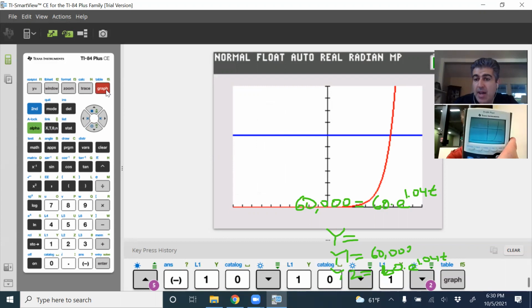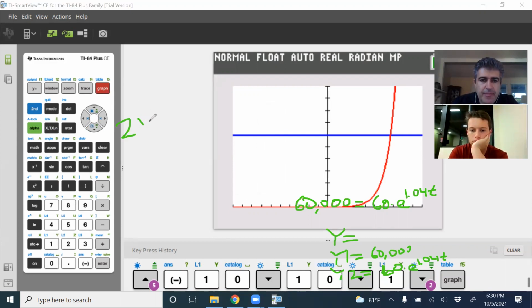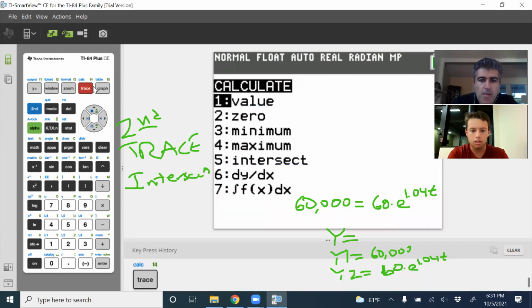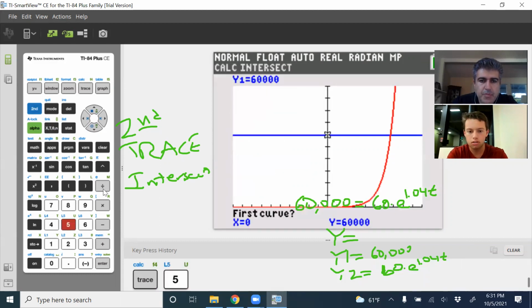Now you have to know where they touch. To figure out where they touch, you hit second, trace. You can see why Desmos is so much easier, but we have to go through the brute force here. Second, trace, intersect. It's right next to graph. And this will be option 5, intersect.